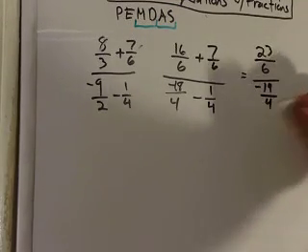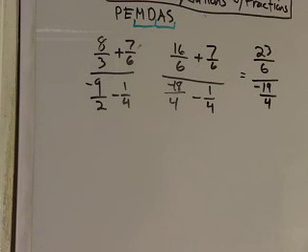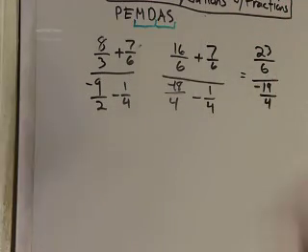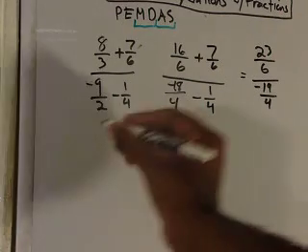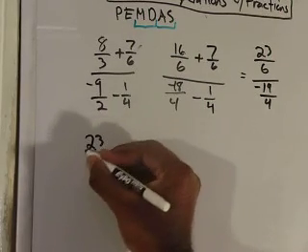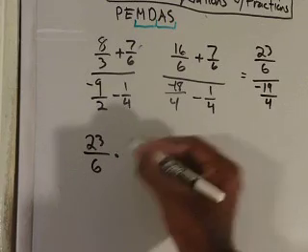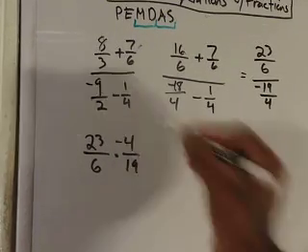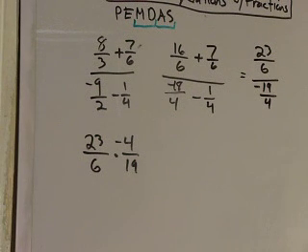And then negative 18 minus 1, that gives you what? Negative 19 over 4. Okay. And then we have division of fractions. So how do you divide a fraction? Well, you get the reciprocal of the one in the bottom, and then you multiply. So this becomes 23 over 6 times 4 over 19. I'm putting the negative in the top. Okay, so before you multiply these two together, reduce if possible.